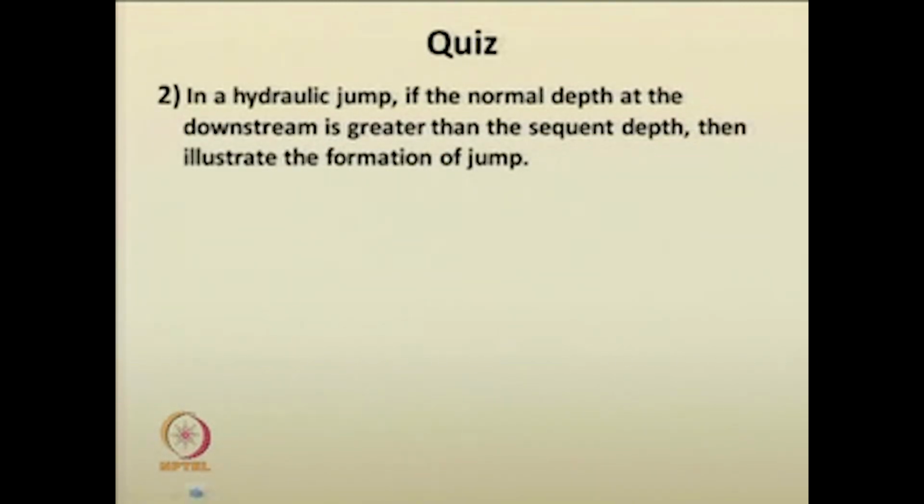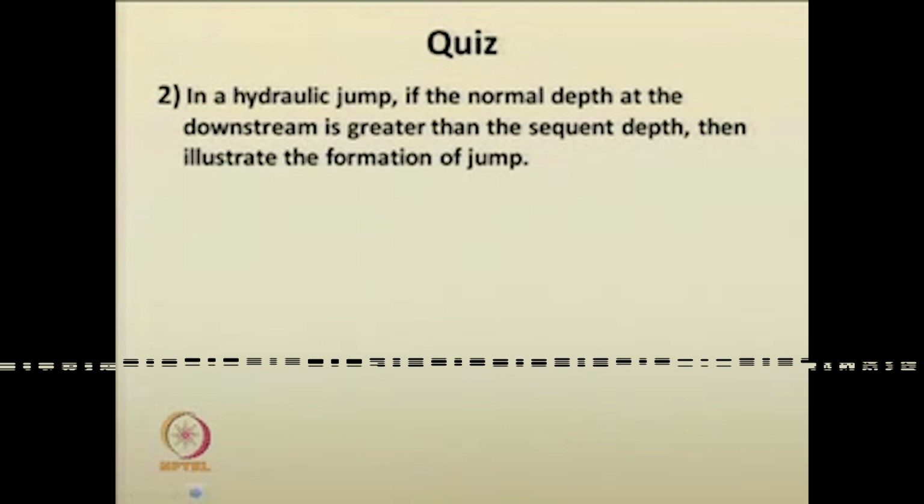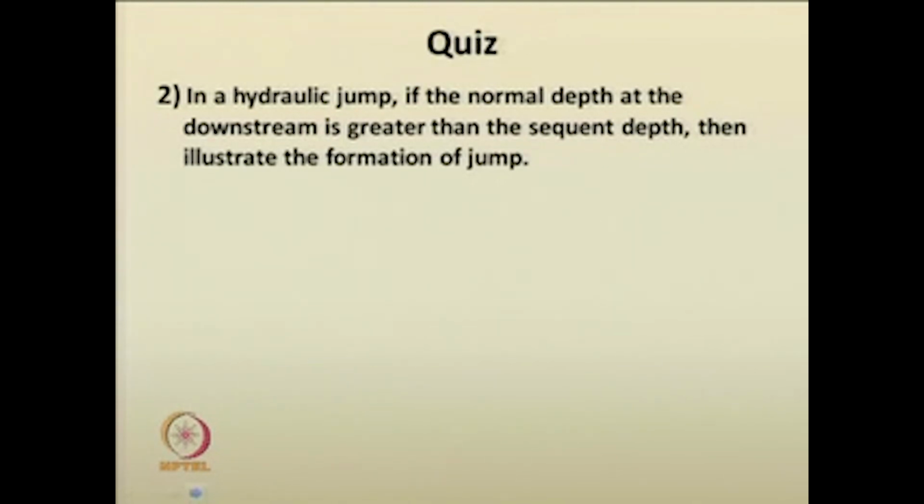The second question we asked is, in a hydraulic jump, if the normal depth at the downstream is greater than the sequent depth, then illustrate the formation of the jump. Again, you just draw the channel bed. So, you have this portion as the upstream section, this portion as the downstream section.